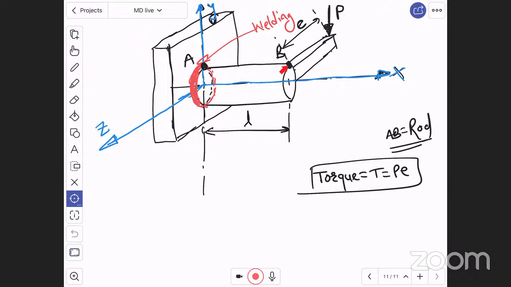And now if I want to put this P at B, if I remove this extra link and put P directly on B, then I have to add this torque in the clockwise direction at B. Then only we can transfer like this.